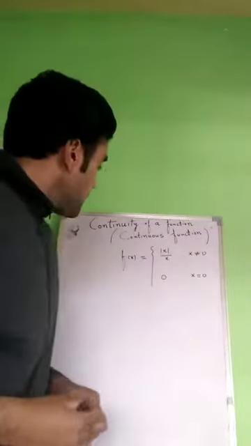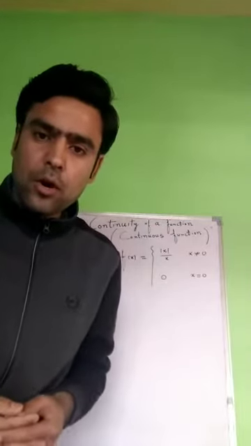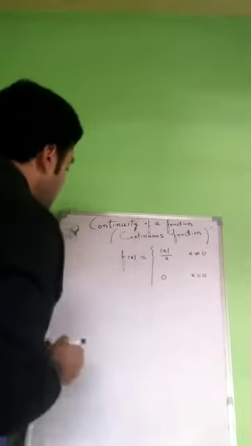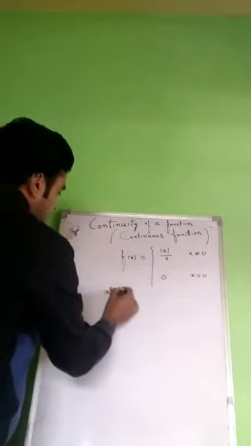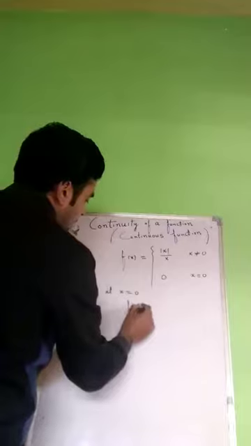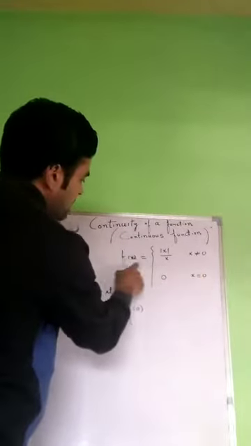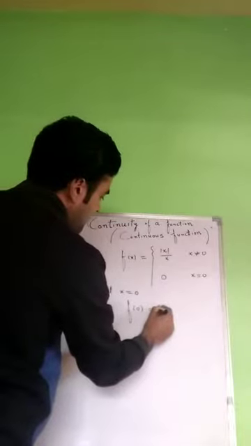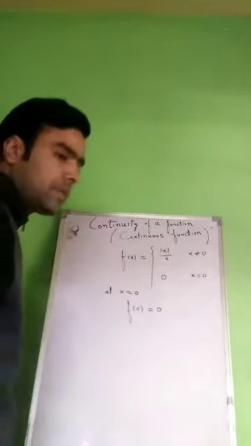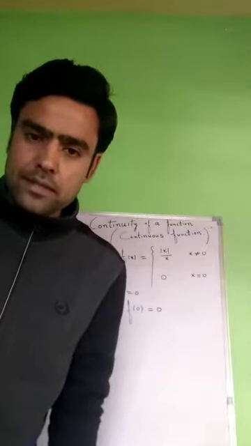So let us check whether the function is continuous at 0 or not. At x is equal to 0, the value of the function is equal to 0. That is, f of 0 is equal to 0. Thus, the value of the function at x equal to 0 exists.